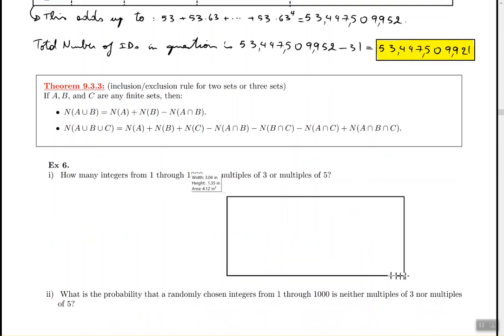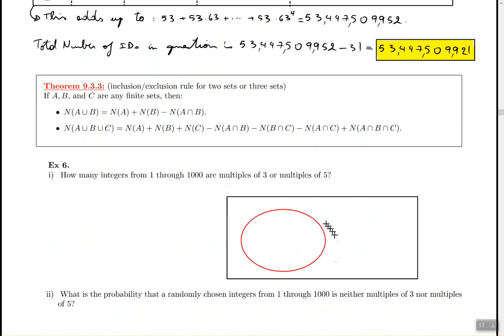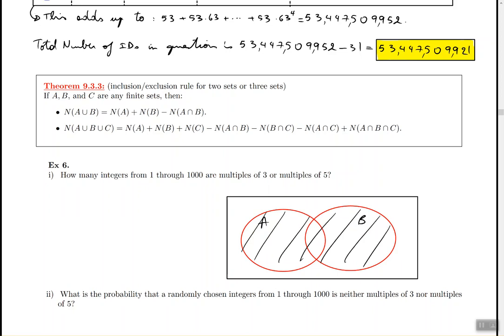When you're doing that problem, you want to imagine a Venn diagram with two sets, set A and set B. Set A is over here, set B is over here, and you want to know the total of things inside of A and B. Unfortunately, if you do the A plus the B totals, you're going to be mistaken because this section got counted twice, one time for A and one time for B. So what do you do?